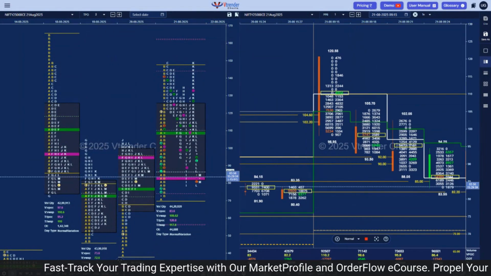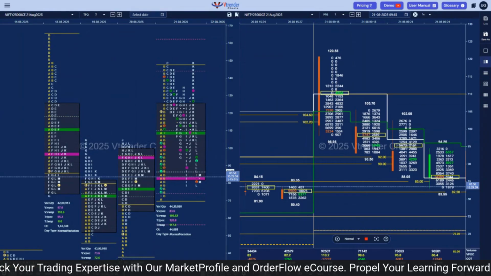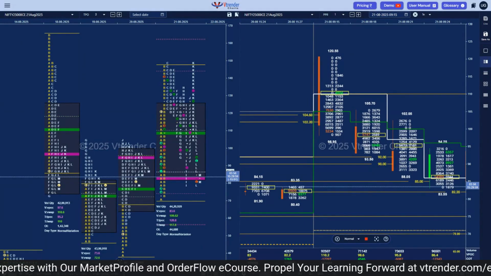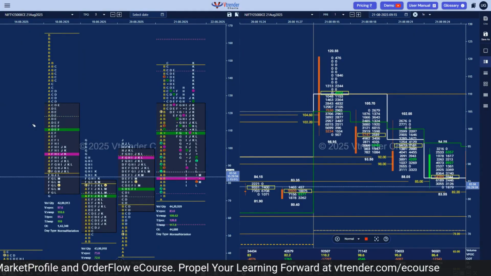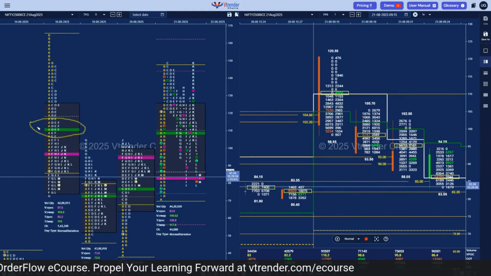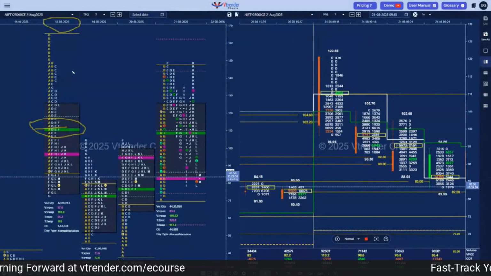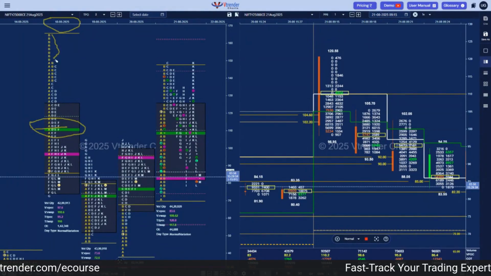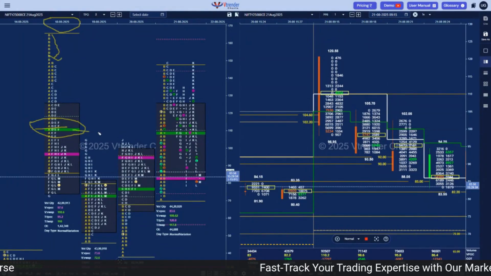So you can see what I have done here is from the market profile, what I know is this VWAP of 111 from 18th of August, which had a selling tail at the top, is an important reference for this call.